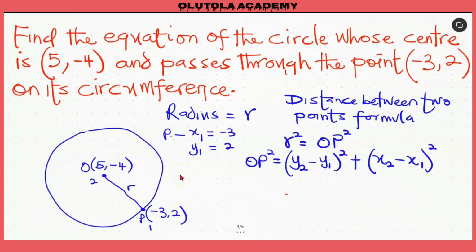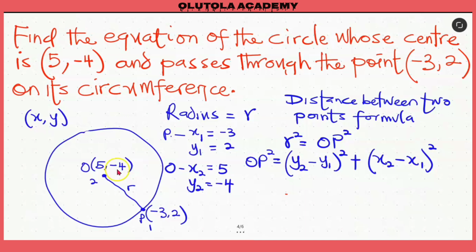When you have a coordinate, it is always x, y. So this is my x1, this is my y1. For point O, my second point, x2 will be 5 and y2 will be -4.